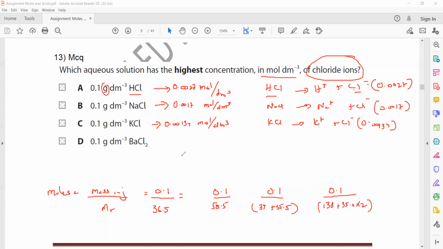So what is the concentration of barium chloride in mole per dm³? 0.1 divided by the molar mass of barium chloride, 138 plus 35.5 times 2.